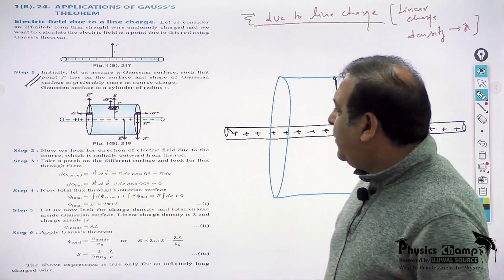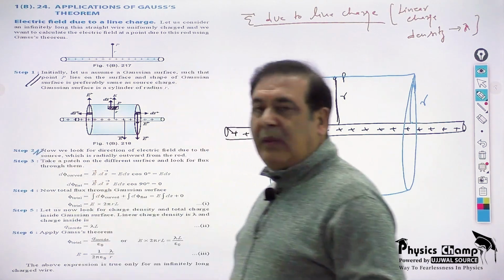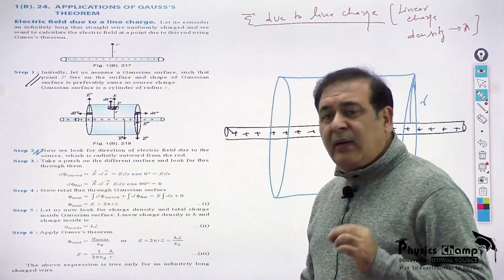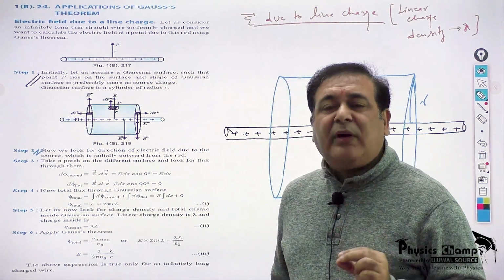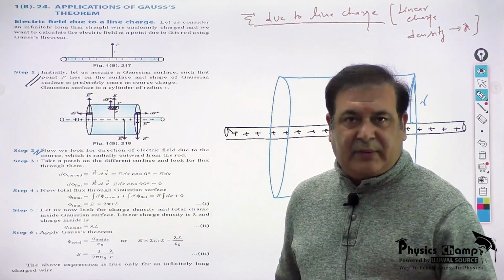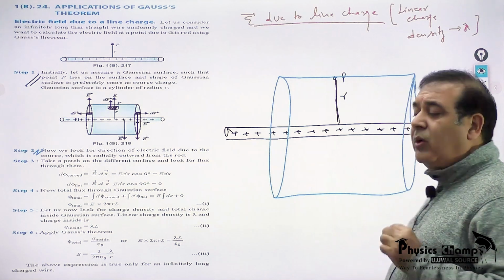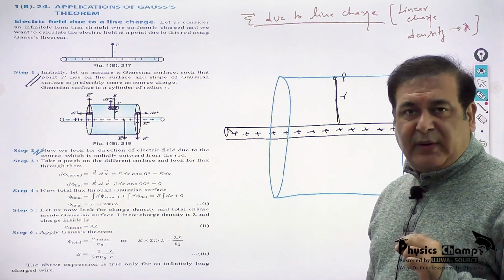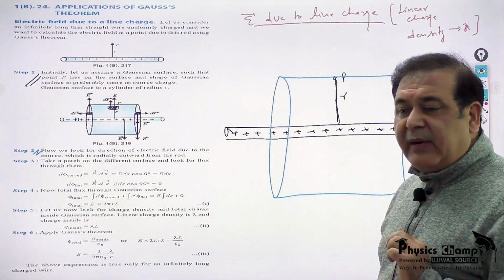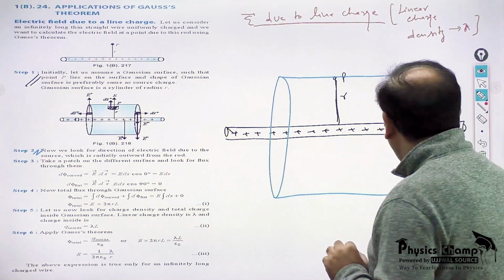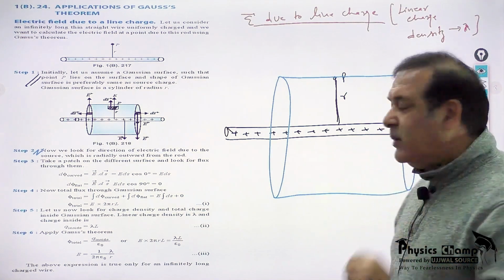Now step 2. Step 2 is look for the direction of electric field. So in this arrangement, look for the direction of electric field. What kind of electric field can this source of charge produce?